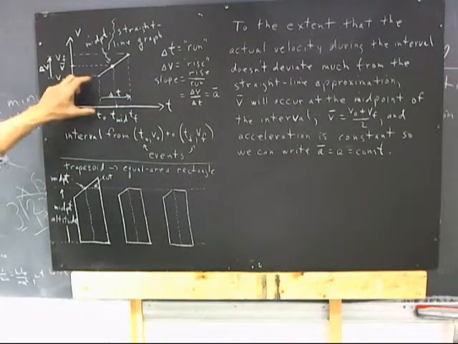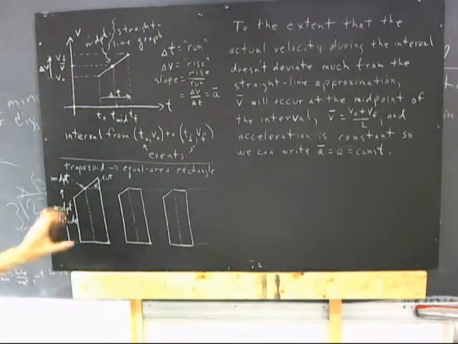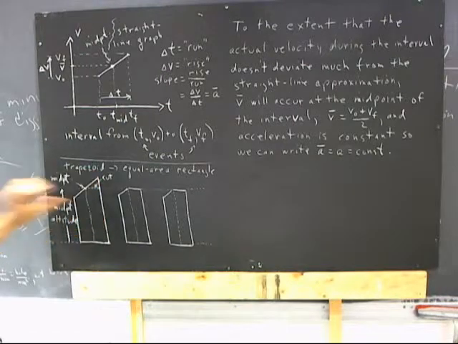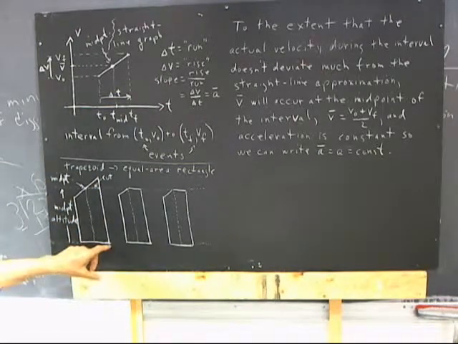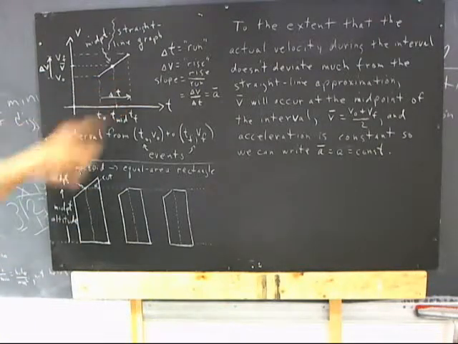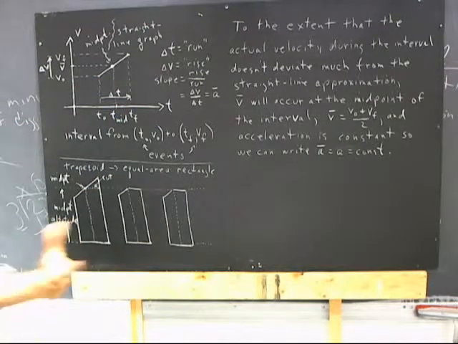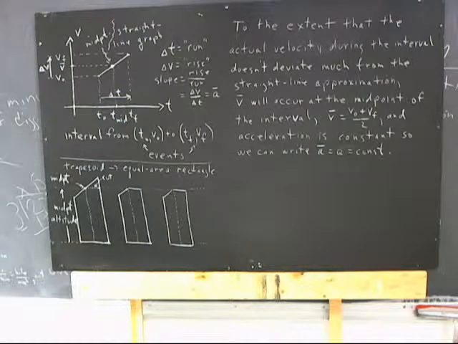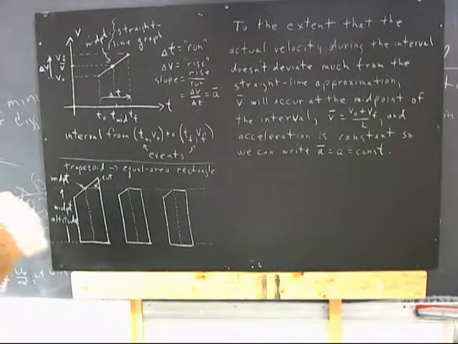Now, we see that we get a figure with an altitude here, and a base here. What we want to do is consider the area of this trapezoid, and you should know by now why we want to do that, because the area is going to turn out to represent the difference in position or the displacement on the interval.